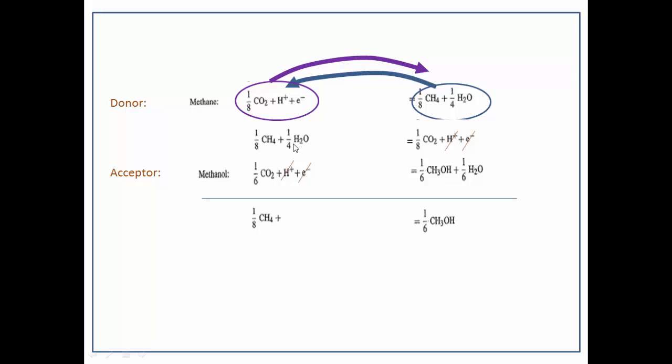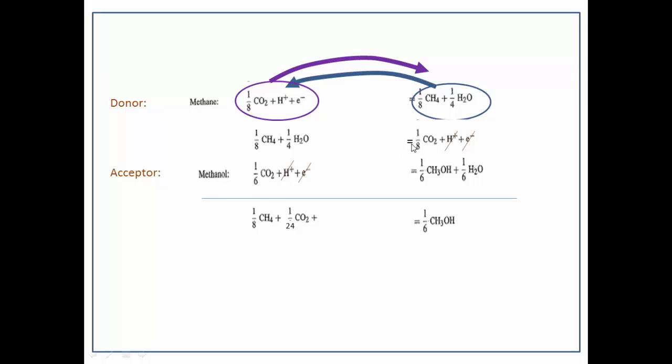So now we have to deal with water, which is in both equations and on different sides, and we have to deal with carbon dioxide. So we know that 1/4 is greater than 1/6, so we can just move this water to the left hand side. So 1/4 moles of water minus 1/6 mole of water, and then we have carbon dioxide, where 1/6 is greater than 1/8, so we can move these to the left hand side.